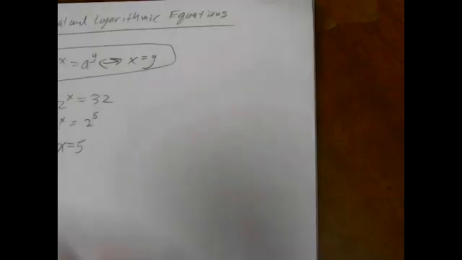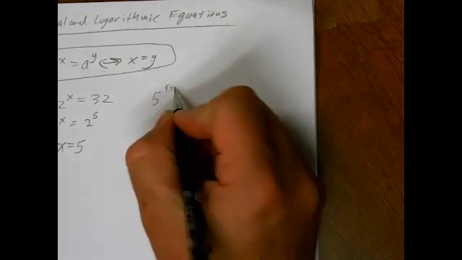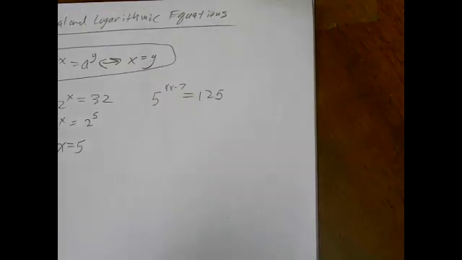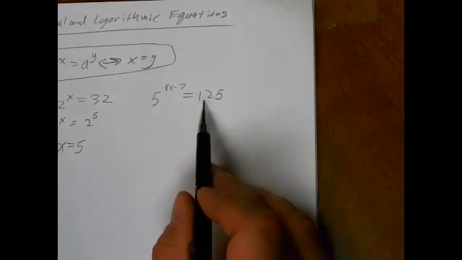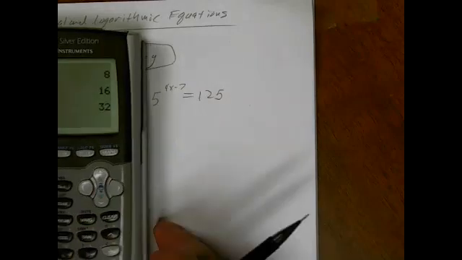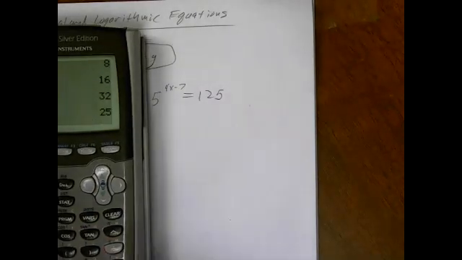Another example: if you had something like 5 to the 4x minus 7 equaling 125, again, if you can just get the bases to match, then you know the powers match. If you take 5 to the second power, that's only 25, that's not it. 5 to the third power is 125, that's the one we're looking for.